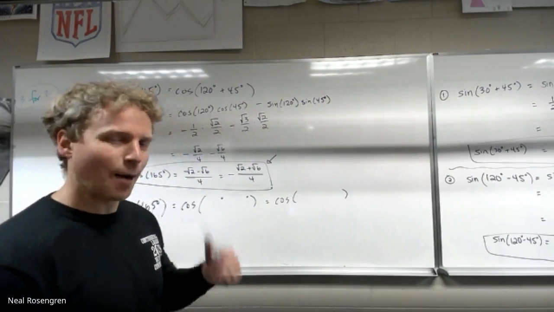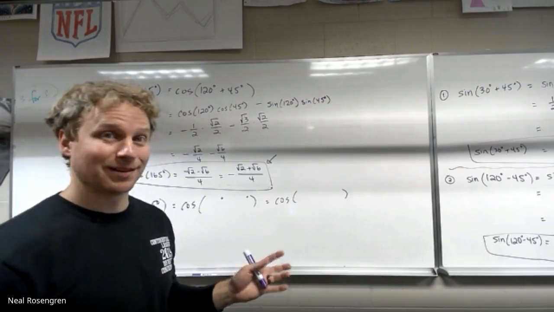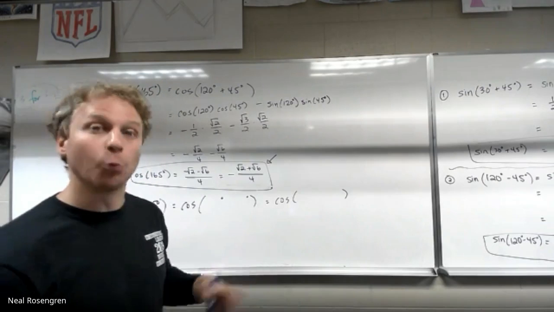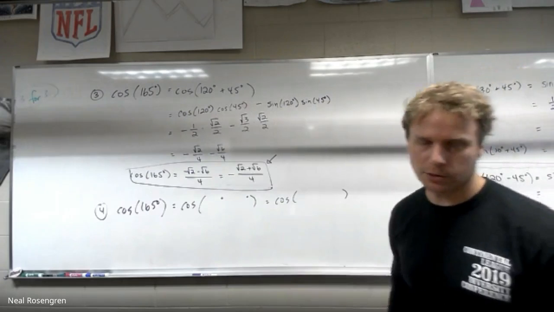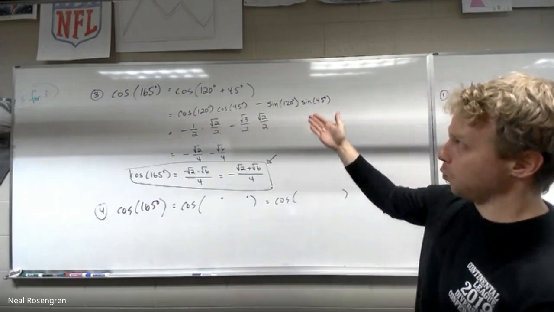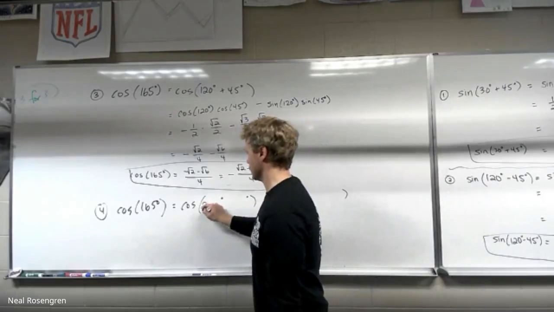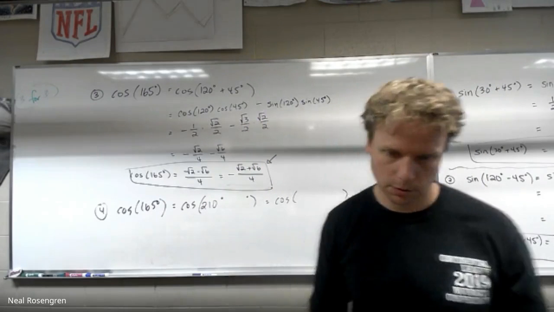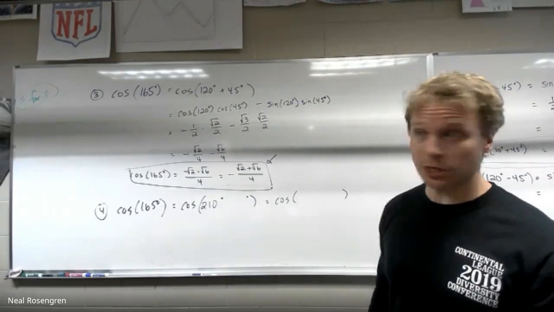I want to see how many different ones we can do. And this way, if you don't want to look, because you haven't gotten one yet or you're still working, then don't peek yet. But drop your two angles, and you don't have to put degrees or anything. You can just say 120 plus 45. Or I heard a 210. Wonder what that one was. Drop it in the chat. Let us know what you got. And then finish it up. If you got to there, then you're good.